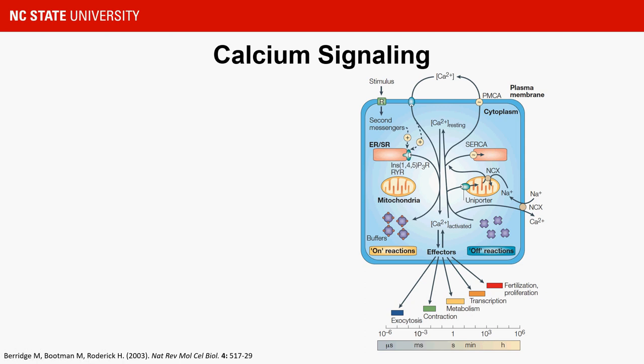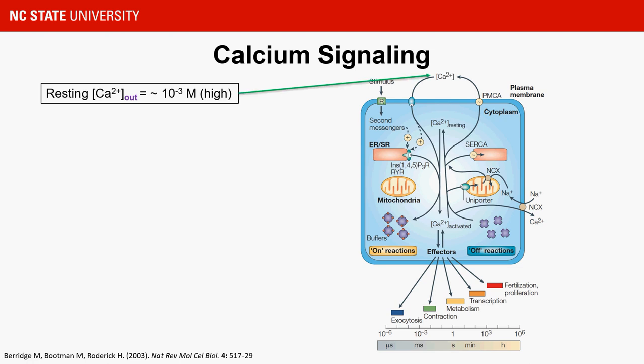So let's look at one specific example of calcium signaling modulation by GPCRs. Before we look at that specific example, let's reintroduce the idea that the calcium concentration has a gradient.